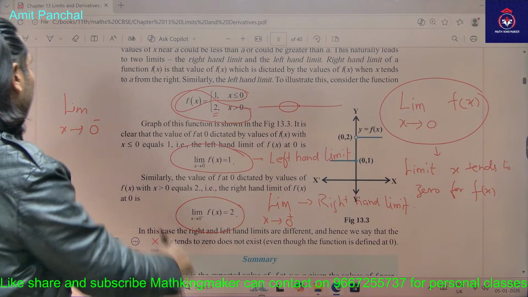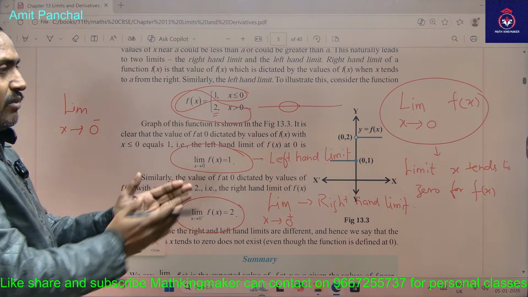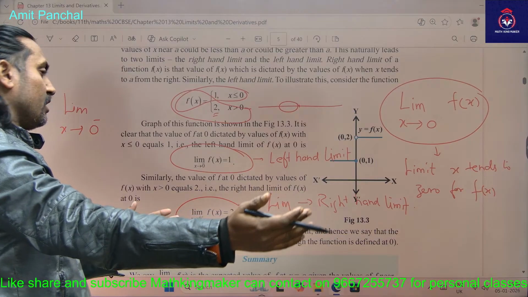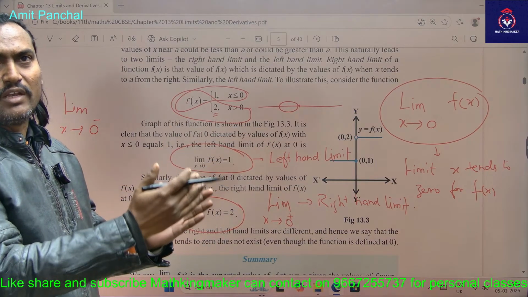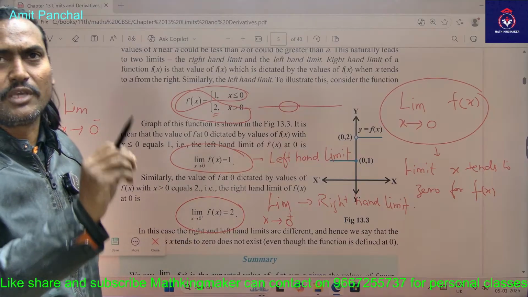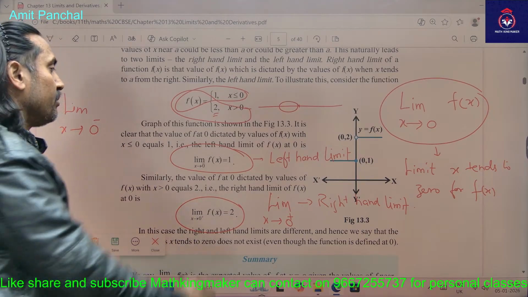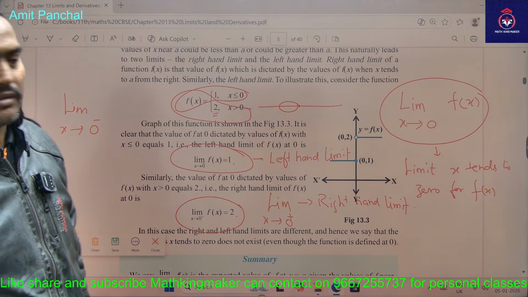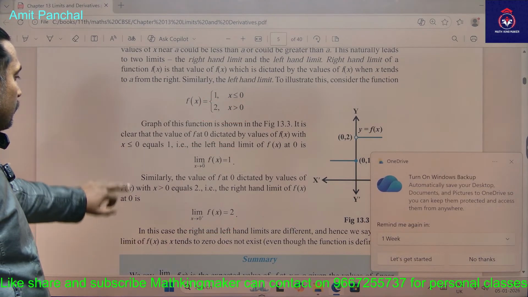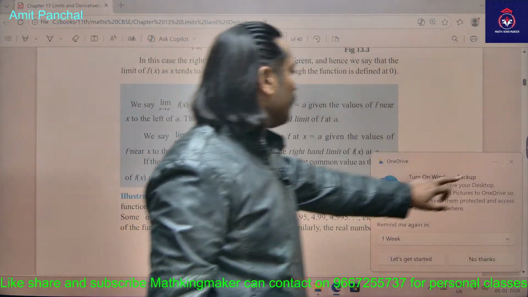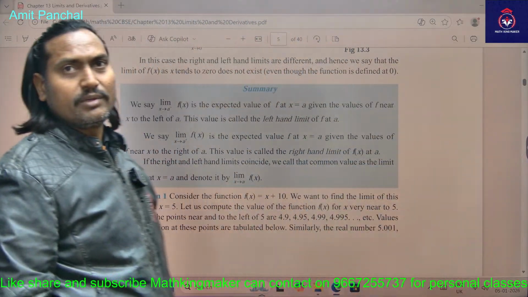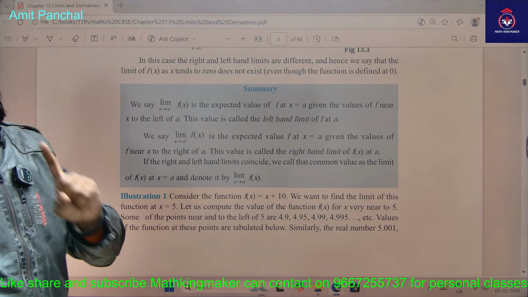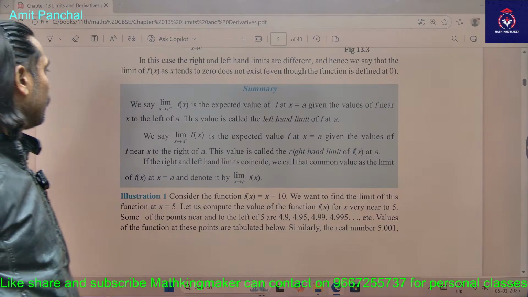So if you have a function and you are coming from the left and coming from the right to a particular value of x, and you are approaching the same value, then we say that its limit is defined. So for the existence of a limit, your left hand limit, right hand limit, and the function value at that particular point must be the same.